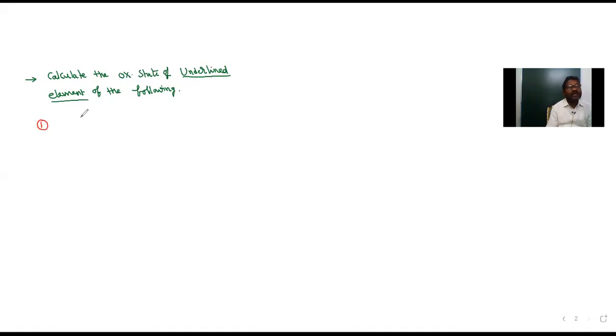Let us see, SO2 is the compound in which you have to calculate the oxidation state of sulfur. సల్ఫర్కి ఆక్సిడేషన్ స్టేట్ ఫైండ్ అవుట్ చేయమంటున్నాడు. ఎలా క్యాలిక్యులేట్ చేయాలి? All of you listen carefully.